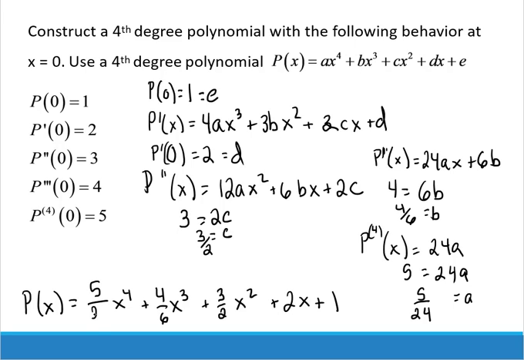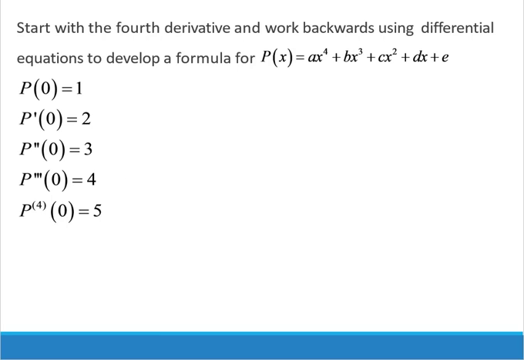That's our polynomial with these different values that it gave us. Now we're going to start with our fourth derivative and work backwards. My fourth derivative is equal to 5. When I integrate with respect to x, we get the third derivative.